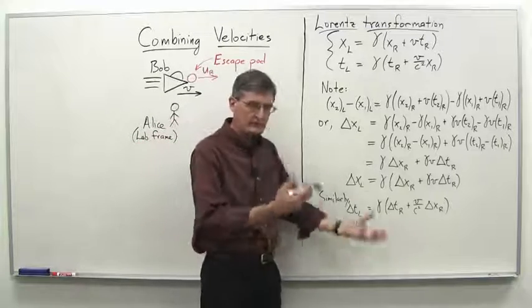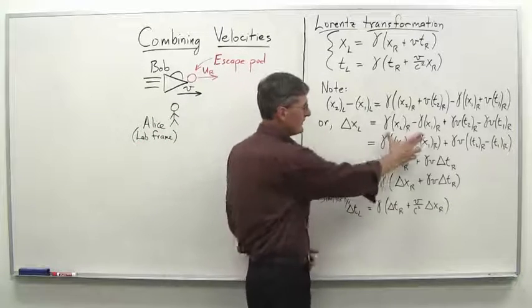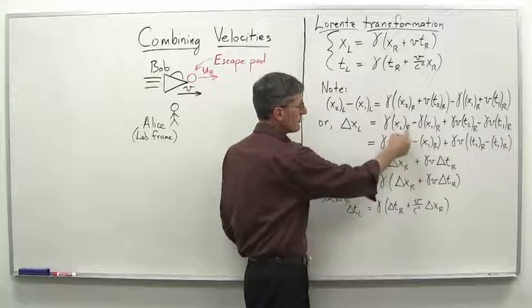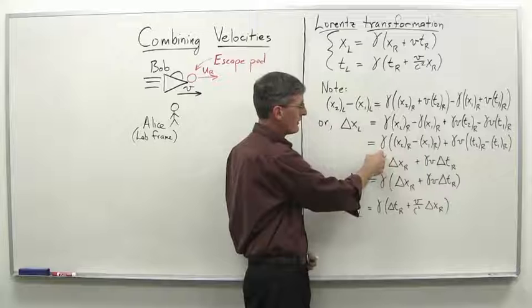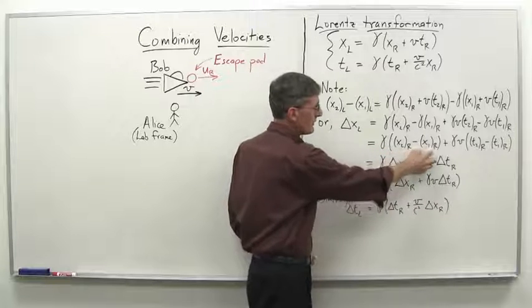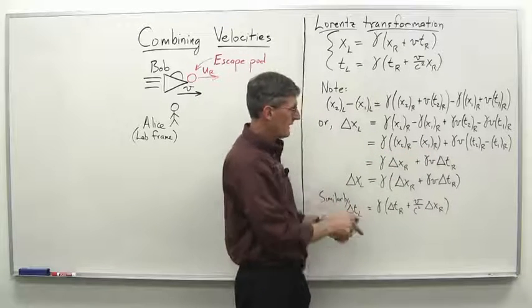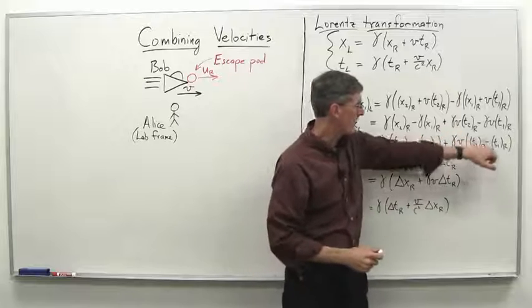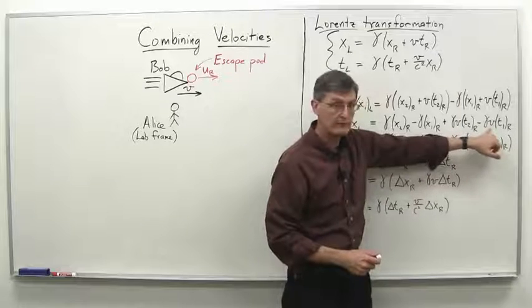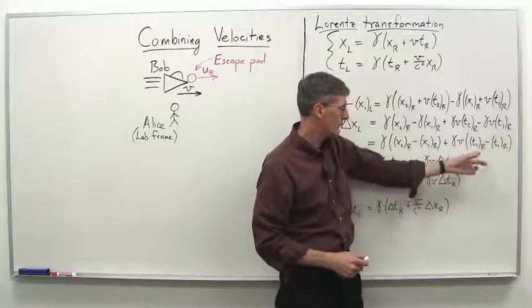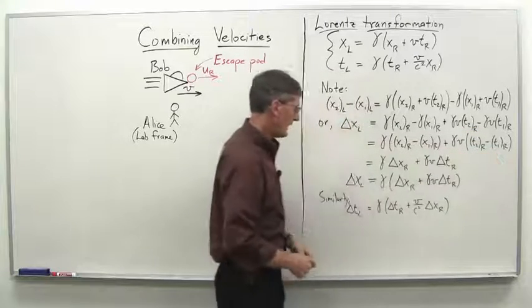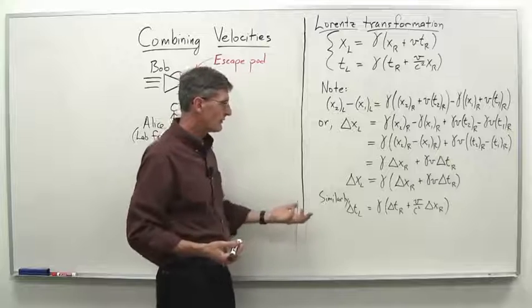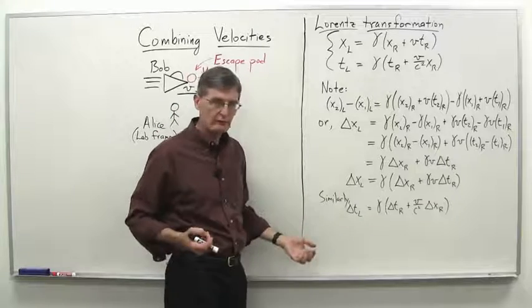Then simplifying some algebra, for these two terms we've got a gamma in both of them, so we'll bring the gamma out and call this gamma times x2 sub r minus x1 sub r. And similarly over here, I've got a gamma v and a gamma v, so pull those both out. I'm just left with t2 sub r minus t1 sub r. And I note that's our delta notation that we've used before.